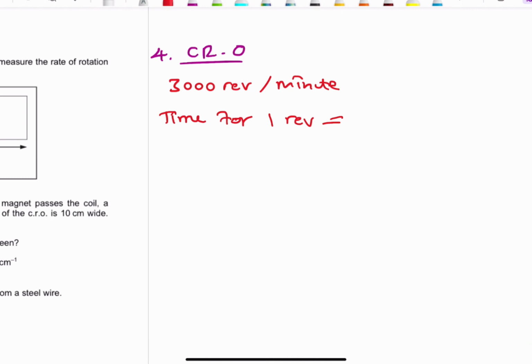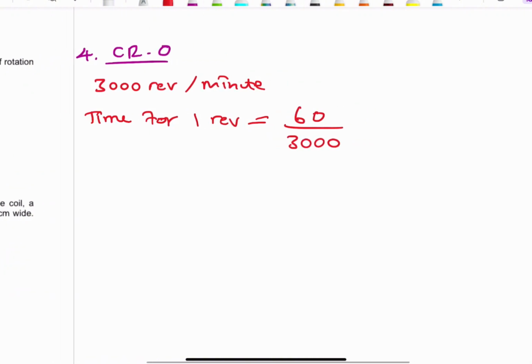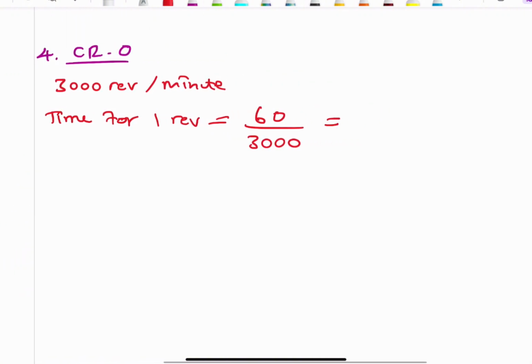One revolution will take 60 divided by 3,000, which is equivalent to 0.02, about 20 milliseconds. So one revolution will take 20 milliseconds. A milli is way smaller than a second, so one revolution is going to take 20 milliseconds.